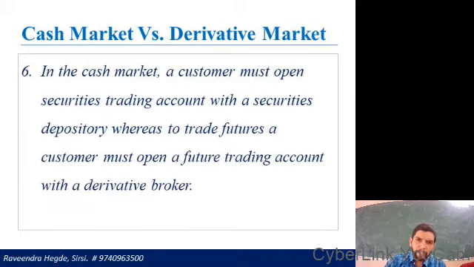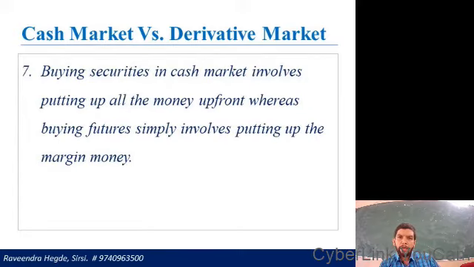In the cash market, a customer must open security trading account with a securities depository, whereas to trade futures, a customer must open a future trading account with a derivative broker. That's a quite interesting matter. And buying securities in cash market involves putting up all the money upfront, whereas buying futures simply involves putting up the margin money.